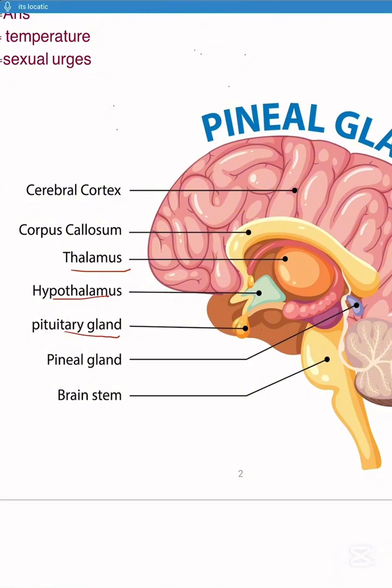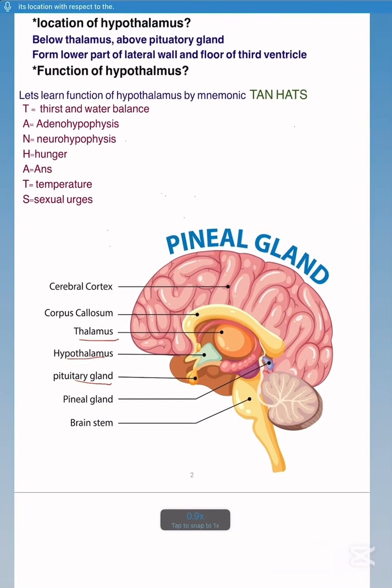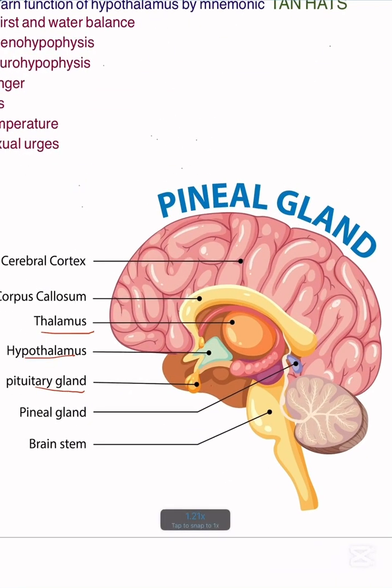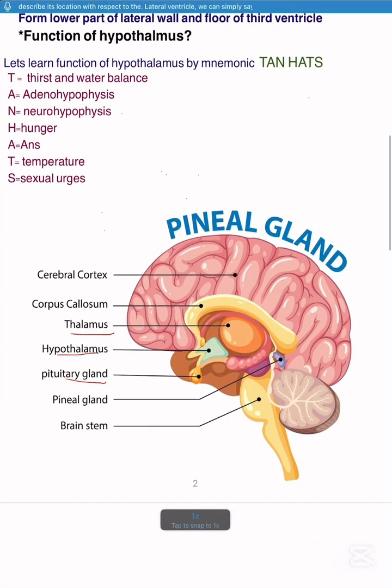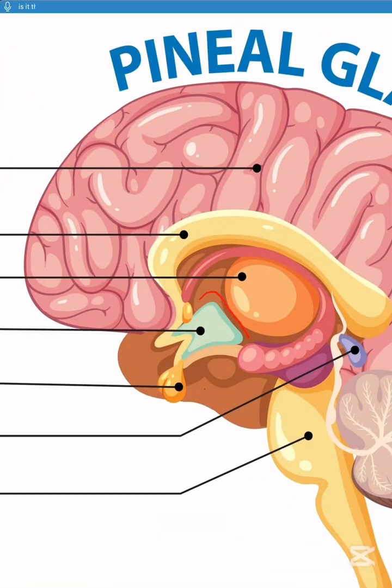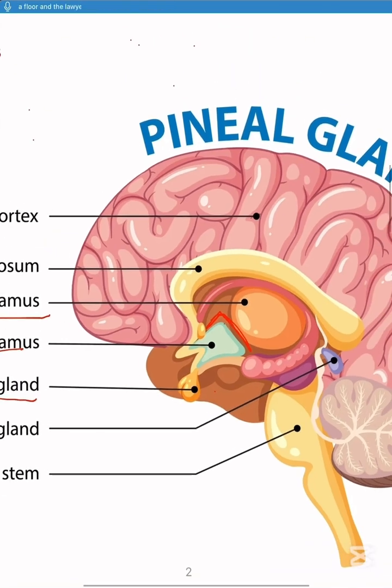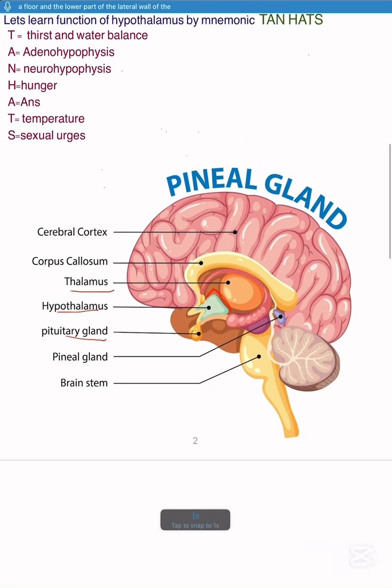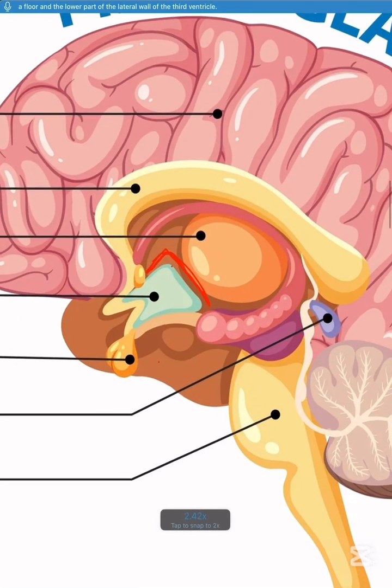If we describe its location with respect to the ventricles, here is a lateral ventricle, and we can simply say it makes the floor and the lower part of the lateral wall of the third ventricle.